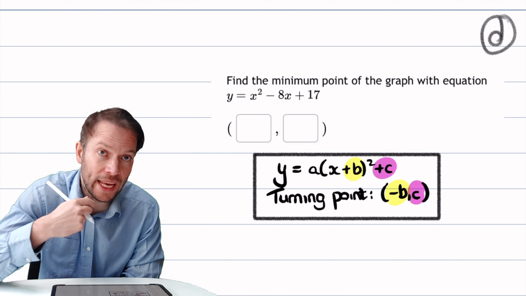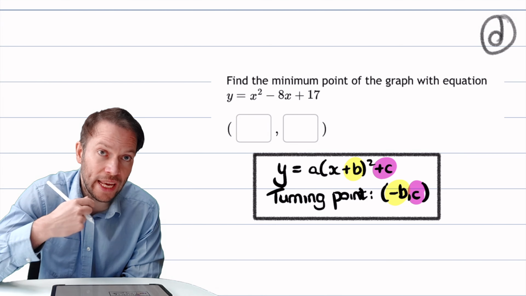Now, what we need to do, therefore, is to complete the square for this expression here. Let's do that. If I've got x squared minus 8x plus 17, how do you complete the square? Well, you take the value in front of the x, the coefficient of the x, in this case minus 8, and you halve it. And then you open a bracket, you put x, then half that value. So that becomes minus 4.